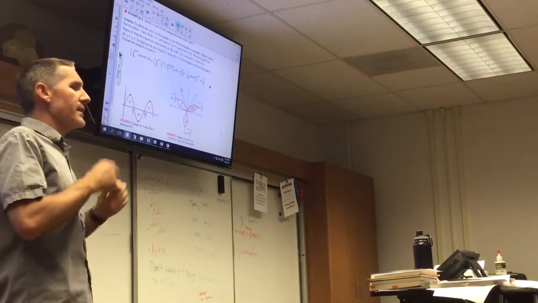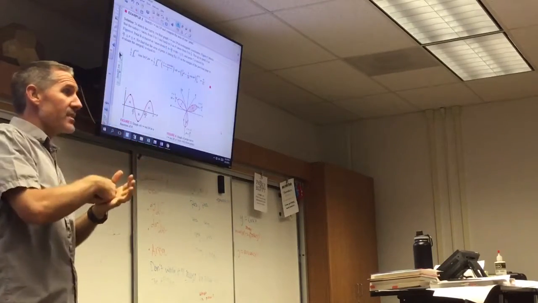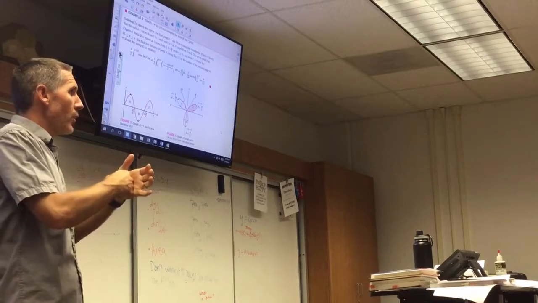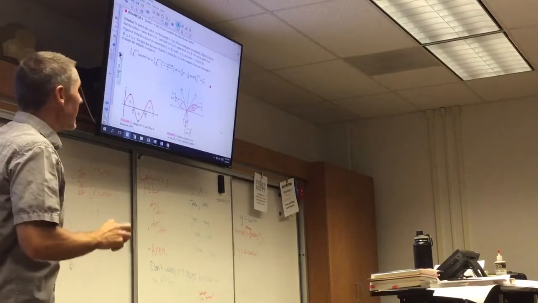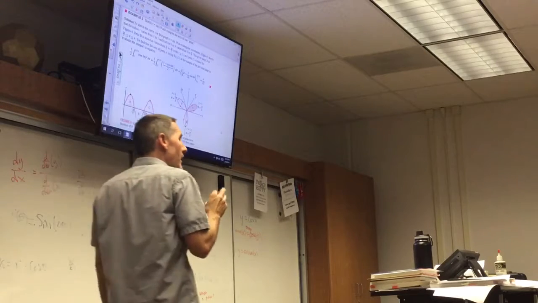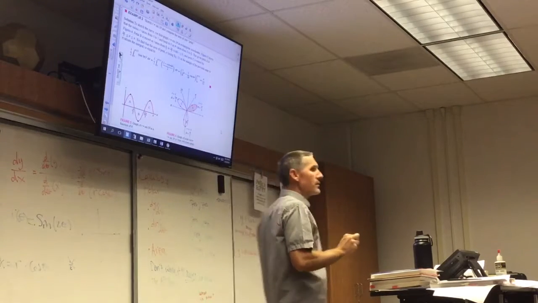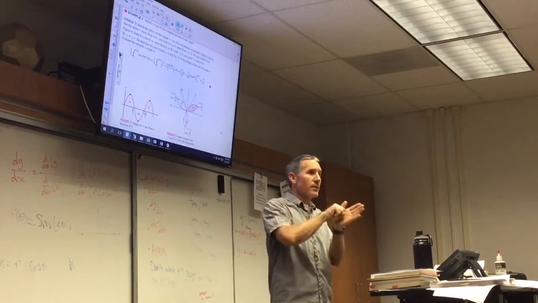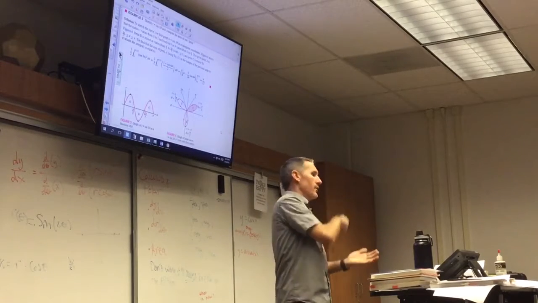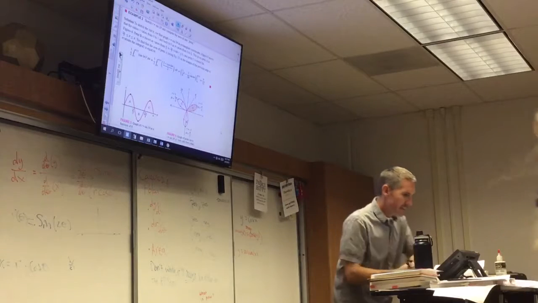So one way to find where it intersects itself is by setting r equal to 0 and finding the different theta values that make r equal to 0, and that's where the curve, right? Because it starts like this.